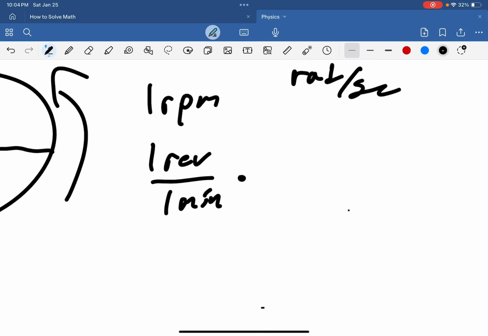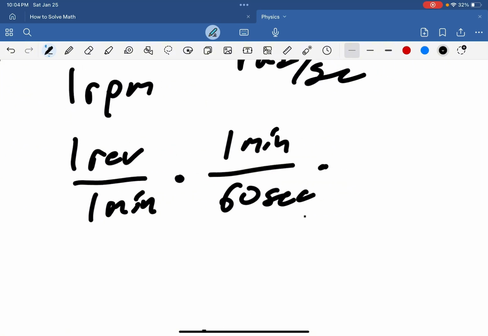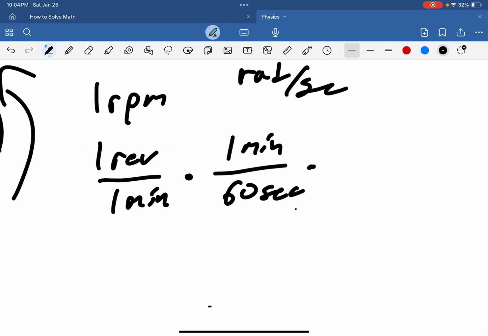So let's first get rid of the minute. Oh, okay. I was making this way harder because it's at the bottom. We actually put minutes at the top, and then divide by seconds, and then we do times 2 pi radians, and then divide by 1 revolution, because revolution's at the top, and to cancel it, we divide by the bottom.